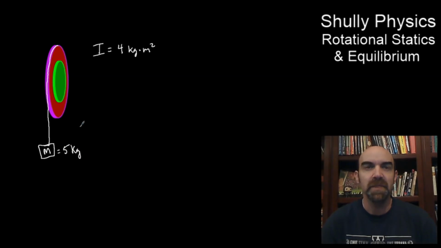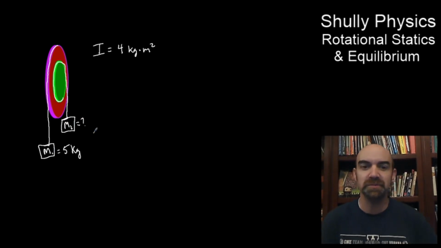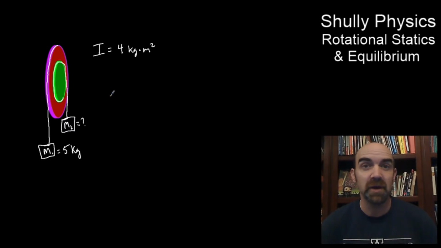Now let's say going around the other side, going around this edge, it's going to be another winding, and right off on this side, the opposite side here, we're going to hang another mass, and I'll just give this a mass 1 and call this one mass 2. But this one's unknown, and what I want to try to do is balance the system to figure out what mass 2 is equal to. So in this scenario, I'm going to define that mass 2 is our unknown.